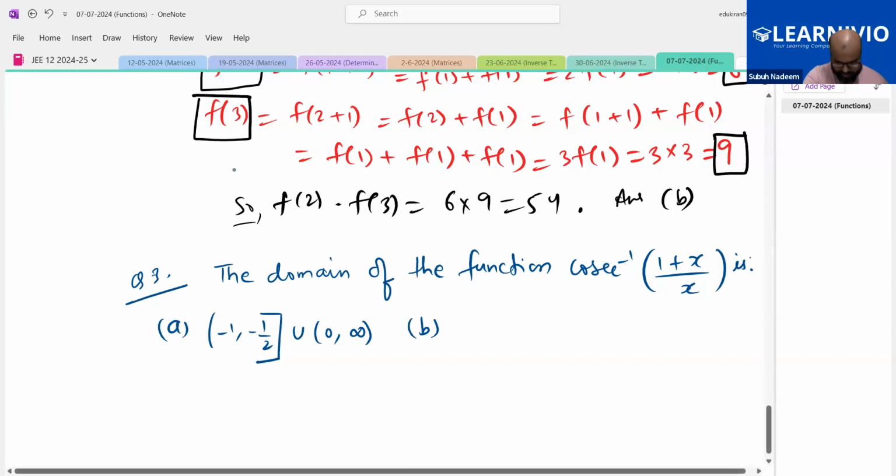Whether it is a closed bracket or open bracket, it will affect your answer. Closed bracket, if it is on one side, then it is included.